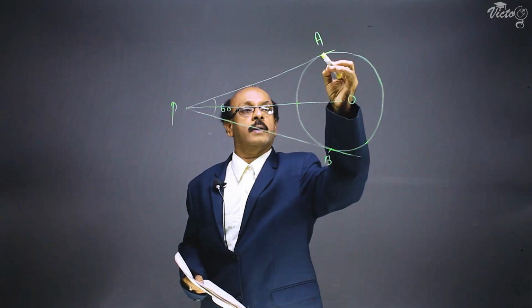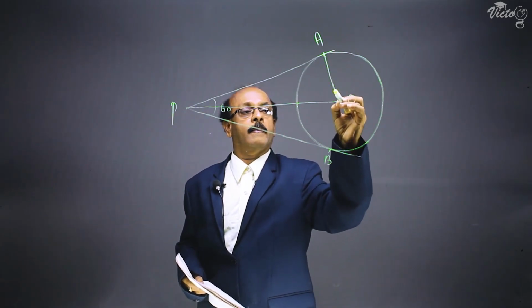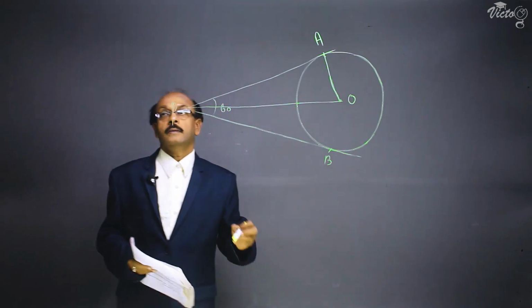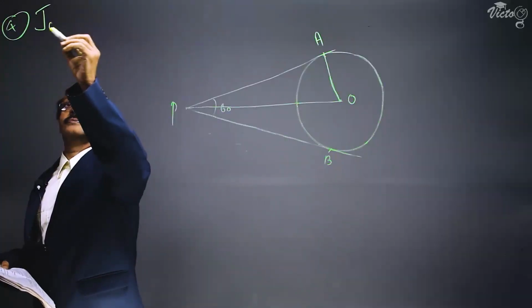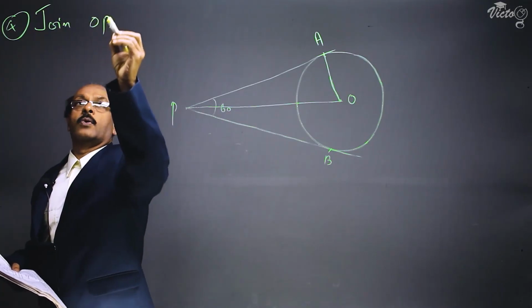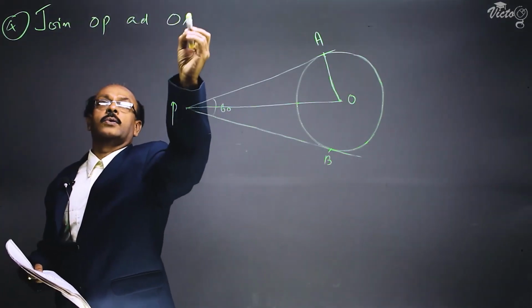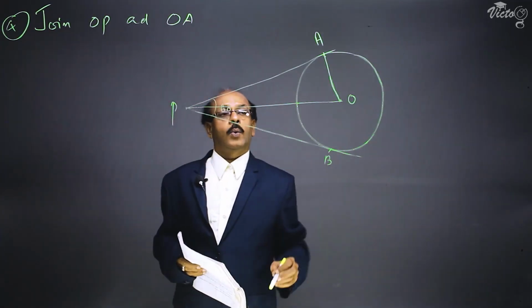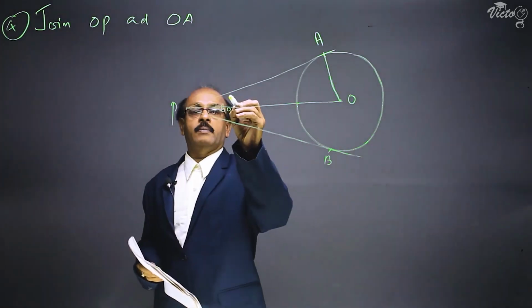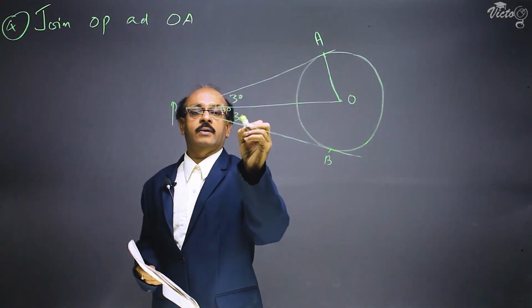And join OA. Now the angle OPA will become 30 degrees. This is also equal to 30 degrees.